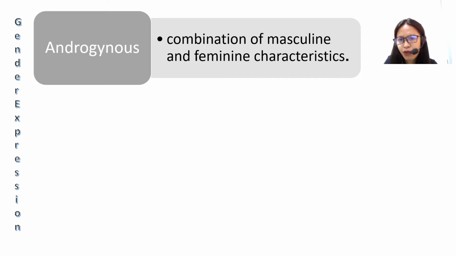But you could also be feminine by characteristics, because you may have the female nature of being vain, and so you express it in your body. So we call them androgynous because it's a combination of being masculine and feminine by nature.